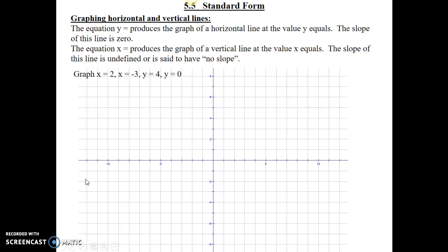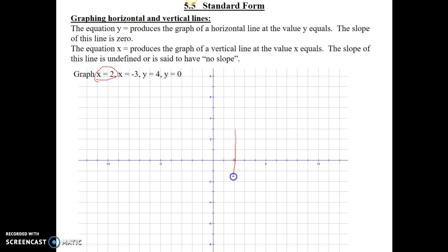Next, I'd like to take a look at what happens if you have an equation that's either missing the x or the y. Like this one right here that says x equals 2. What does the graph of an equation for x equals 2 look like? Well, notice there's no y in the equation, which tells me that it will never cross the y-axis. So you'd come over here to 2 and draw a vertical line.